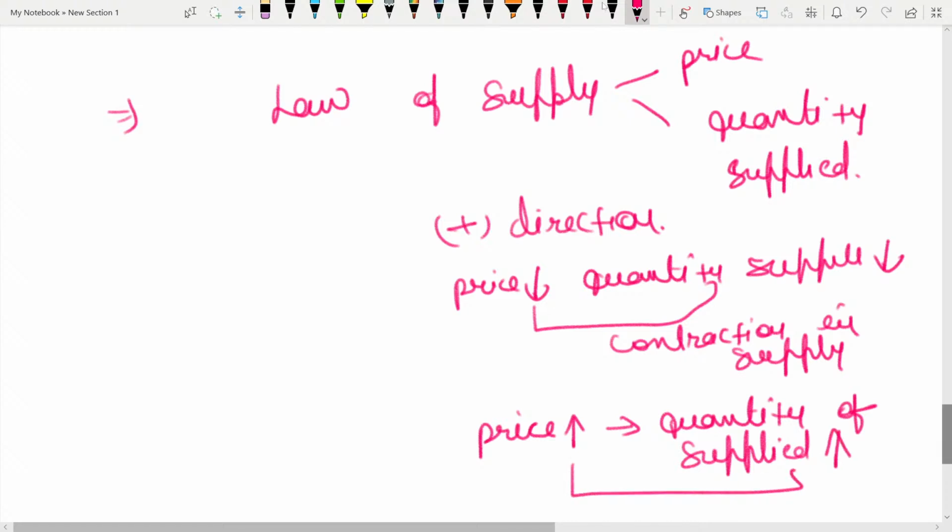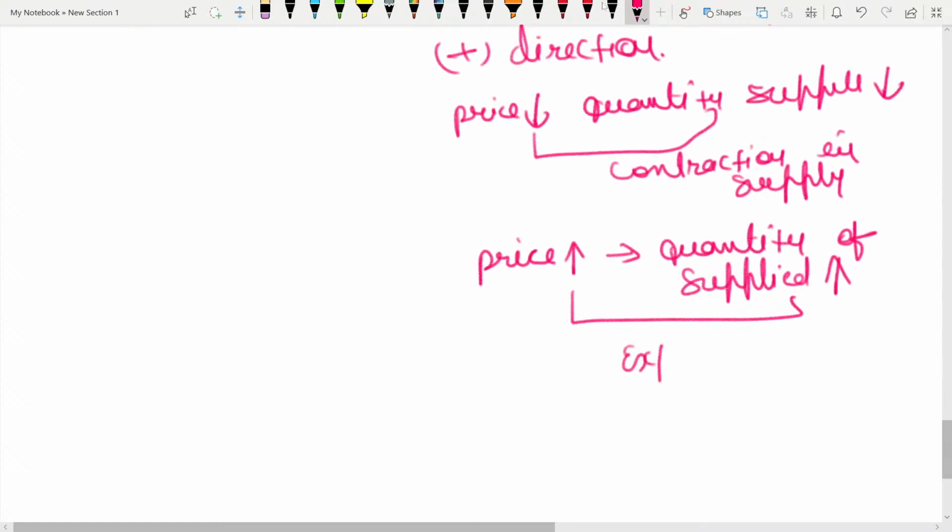So this is showing extension of supply curve. So the law of supply does not talk about how much contraction and how much extension in quantity supplied. Whereas price elasticity talks about the extent of extension and contraction.